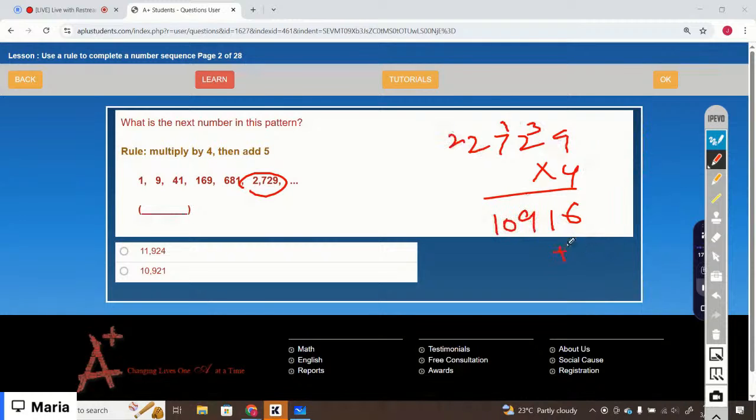Now you need to add 5. 6 plus 5 is 11, carry 1. 1 plus 1 is 2. So that is 10,921. Option number 2 is the correct option. Got it?